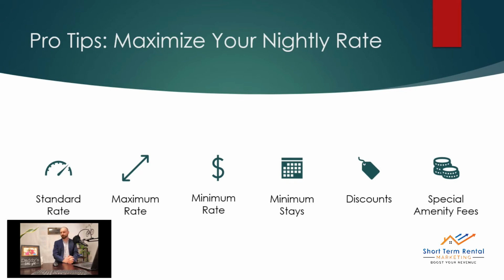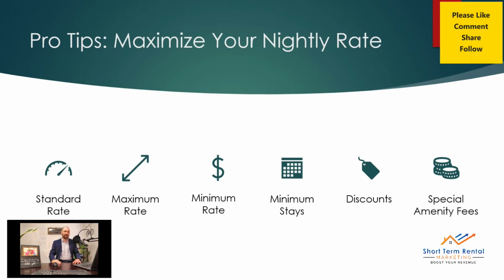All right. Next up, minimum stays. This is extremely important, and minimum stays should actually fluctuate depending on how far out we are on the calendar. And I'll show you a calendar here to give you an example.